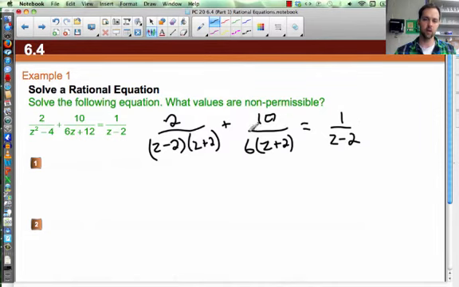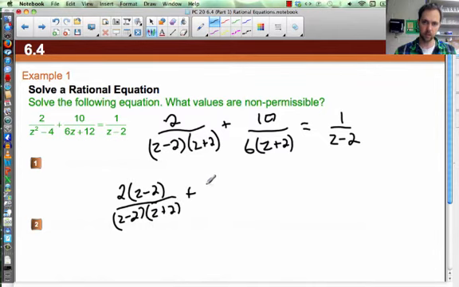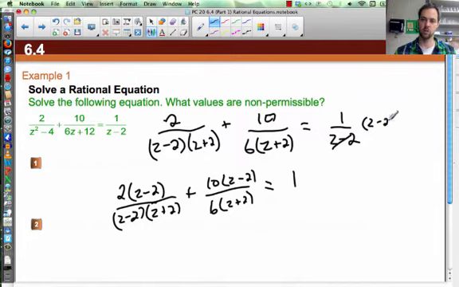You multiply this z minus 2 over to the other side, and we get 2 times z minus 2 over z minus 2 times z plus 2 plus 10 times z minus 2 over 6 times z plus 2 equals 1, because the z minus 2 disappears over here, right? Because we multiplied everything by z minus 2. So we move that up over to the other side.